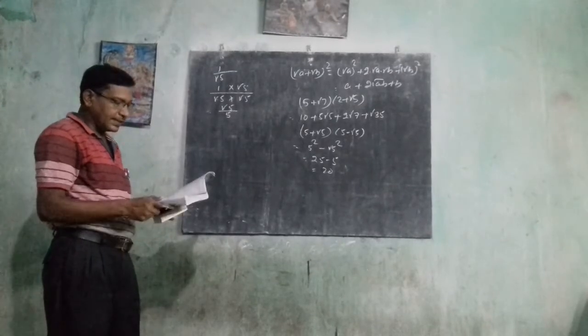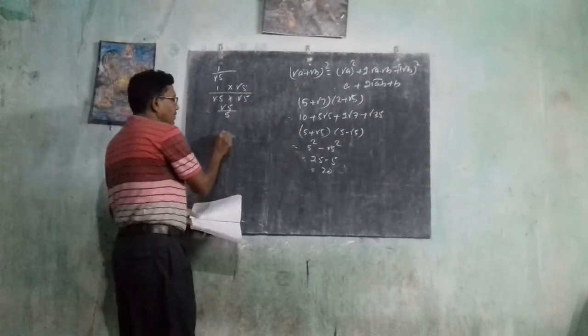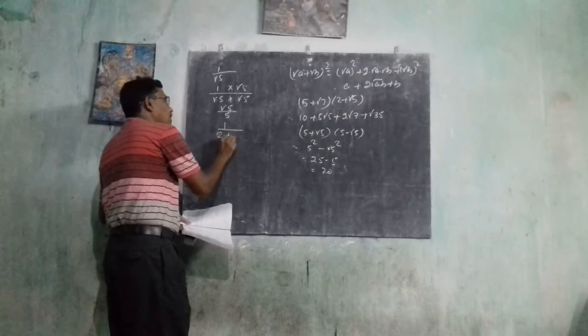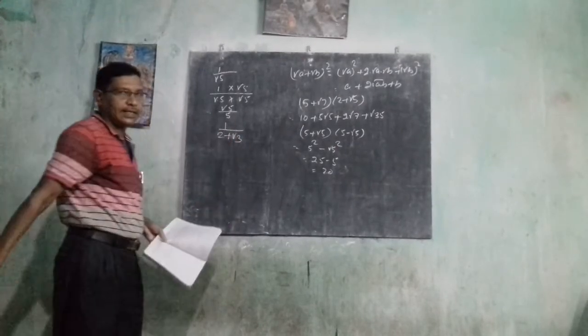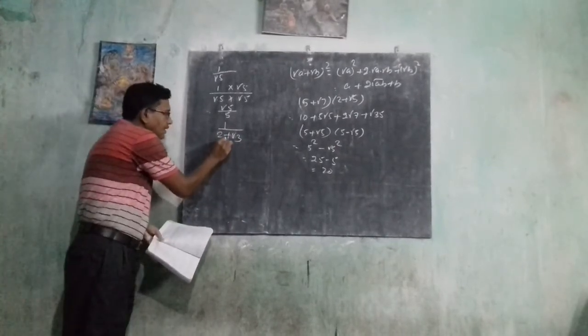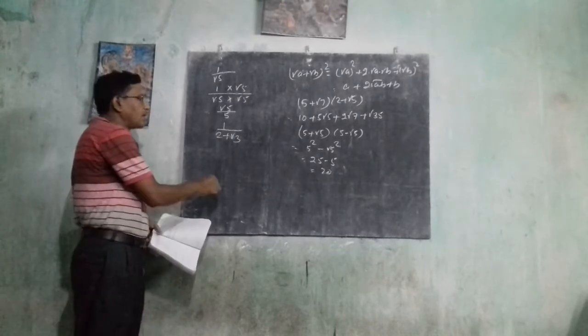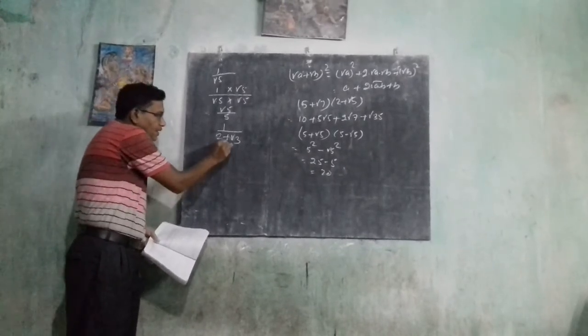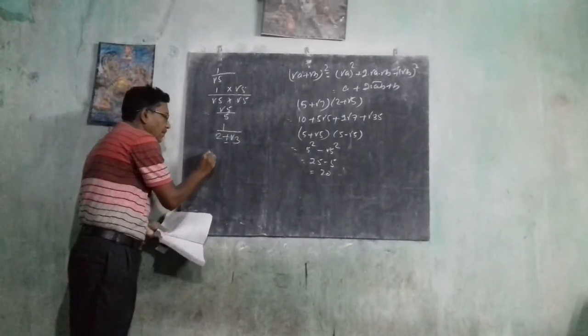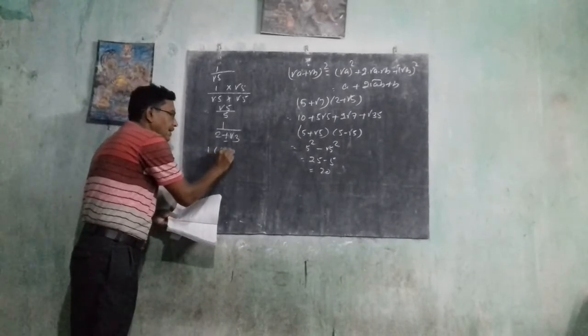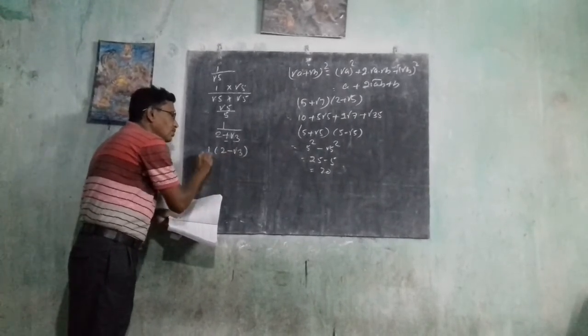Okay. Another example: suppose given 1 by 2 plus root 3. The denominator is irrational. How can we make it rational? If the sign is positive, then we multiply numerator and denominator by 2 minus root 3.